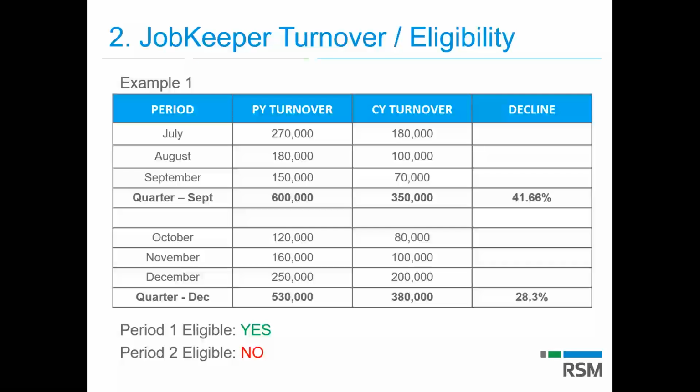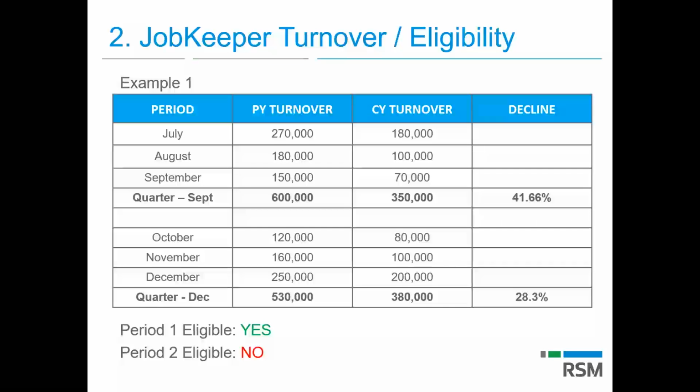Now, we are assuming that this is a for-profit entity and that its aggregated turnover is less than 1 billion Australian dollars. So we can see that the decline for the September quarter was 41.66%. As a result, and assuming all the other requirements are satisfied, this entity has met the required decline in turnover of at least 30%, and so is eligible for JobKeeper for the first 3 months of JobKeeper 2.